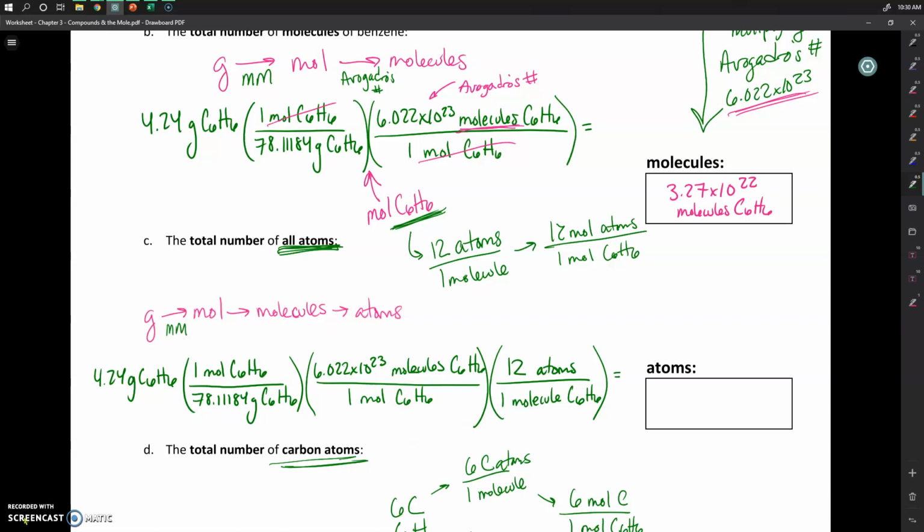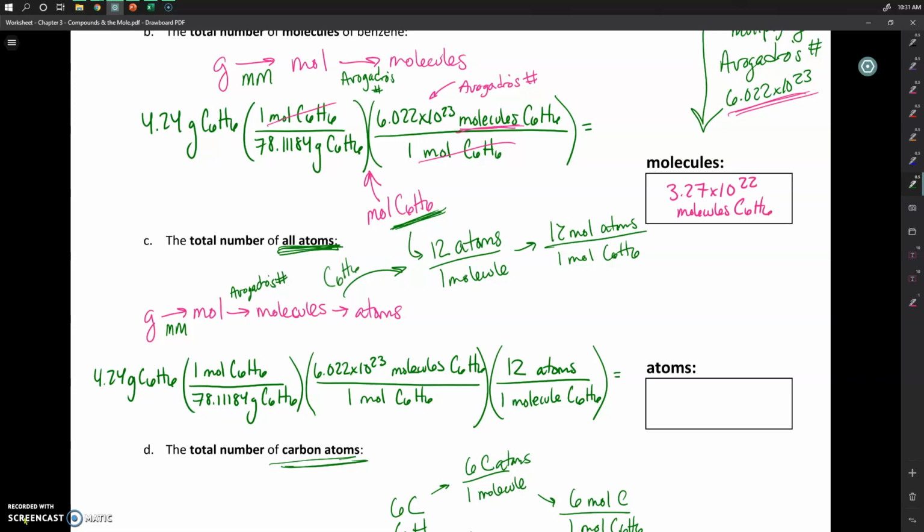Moles to molecules requires Avogadro's number as a conversion factor. And now molecules to atoms is going to require the molecular formula, essentially. When you're going from molecules to number of atoms, you can get the conversion factor you need from just looking at and interpreting the molecular formula.